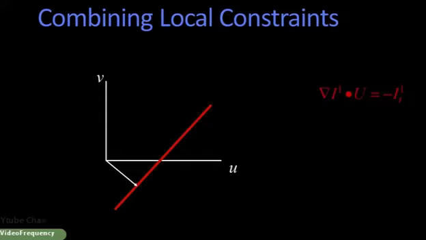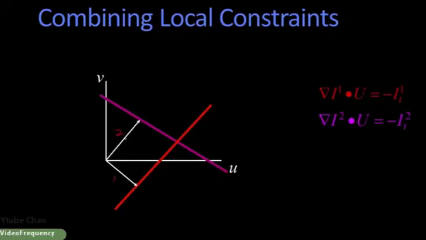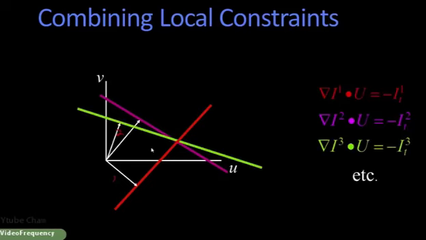But suppose we have another gradient, okay, but in the same little window. Well, that gradient would give us a different line. So this is gradient 1, this is gradient 2. Over within the same window, and then here's gradient 3, and it gives us a different line. Clearly what's going on is if I have a bunch of these different gradients, they're all going to intersect at the point.